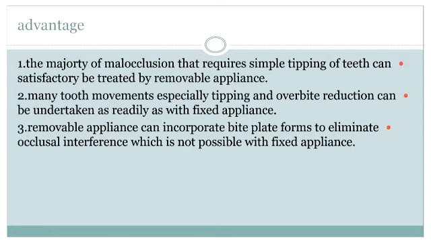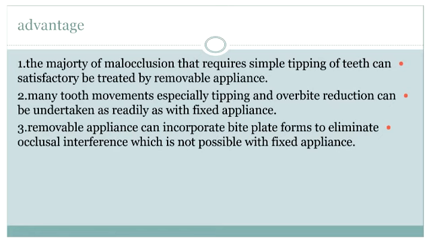Many tooth movements, especially tipping and overbite reduction, can be undertaken as readily as with fixed appliance. Removable appliance can also incorporate bite planes to eliminate occlusal interference, which is not possible with the fixed appliance.